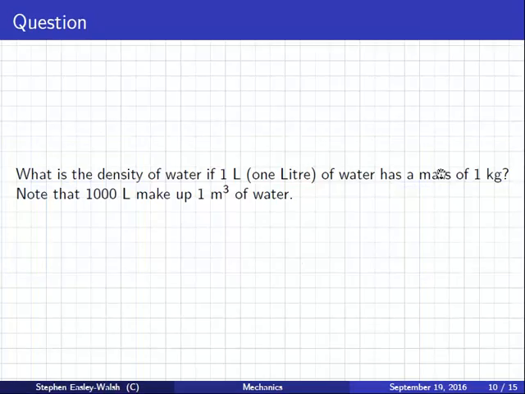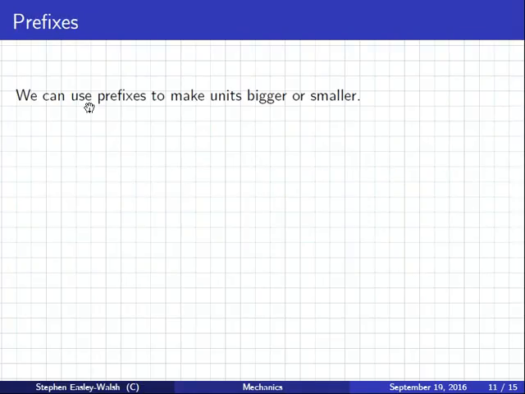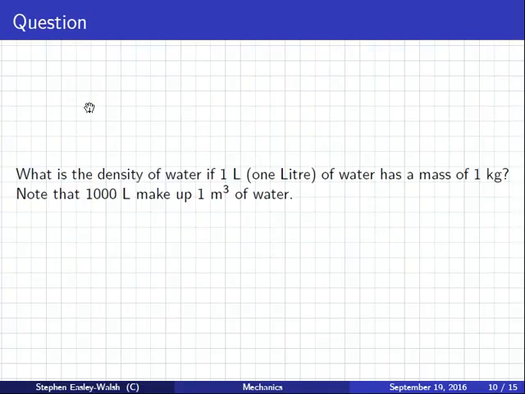Okay, so for this question, what is the density of water if 1 litre of water has mass 1 kilogram? Can you write this question down? This is our first question. The reason I'm doing this question, I know it's simple, but I want to show you the way to convert units, like the steps.